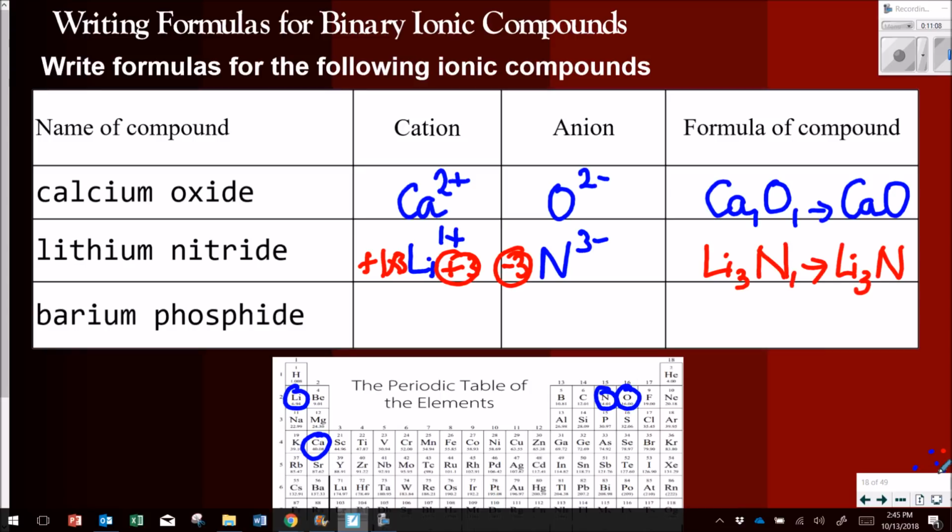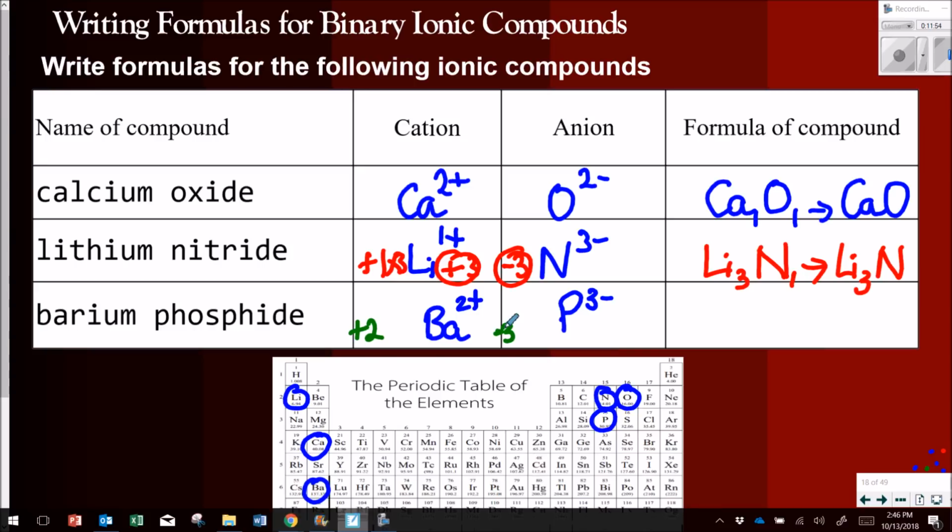Finally, we have barium phosphide. Barium is here, so it has a charge of +2. And phosphide is here with a charge of -3 again. So on the cation side, I have a total charge of +2 right now. And on the anion side, I have a charge of -3.